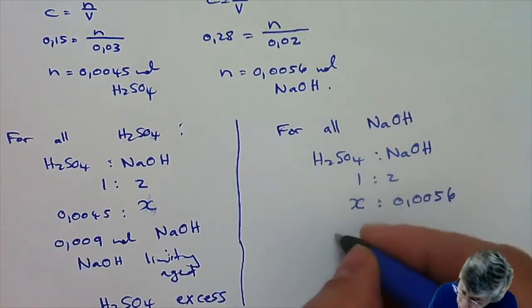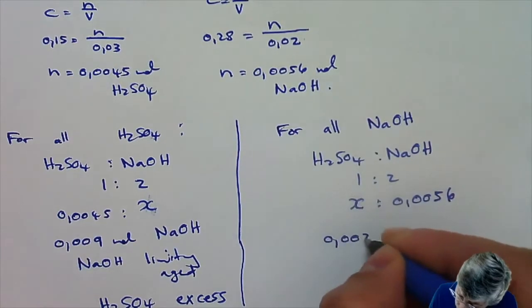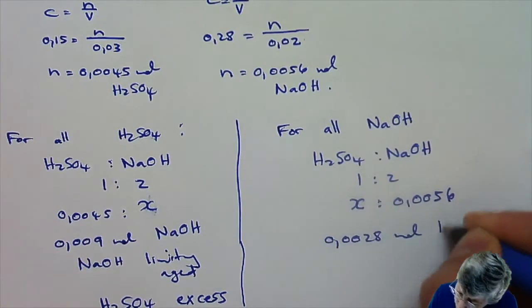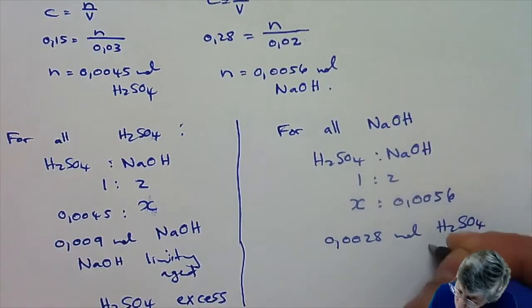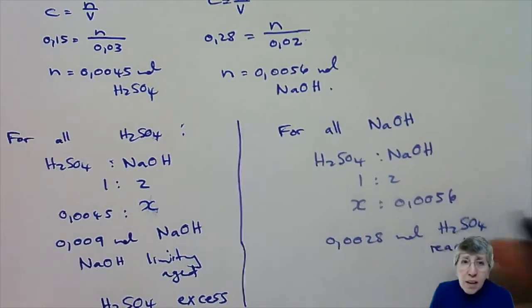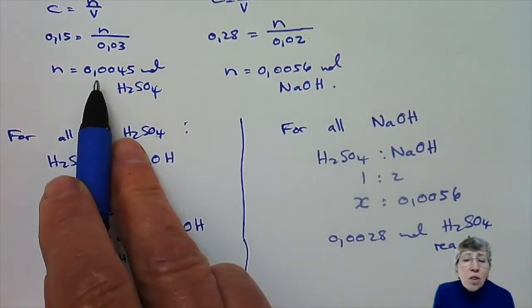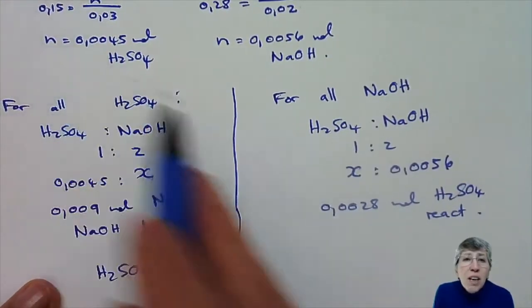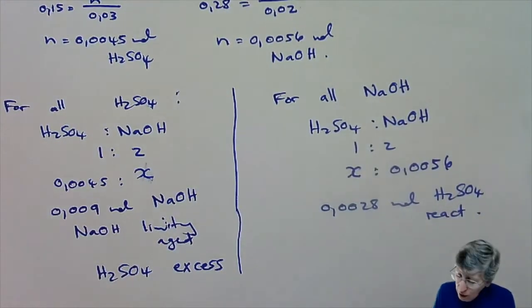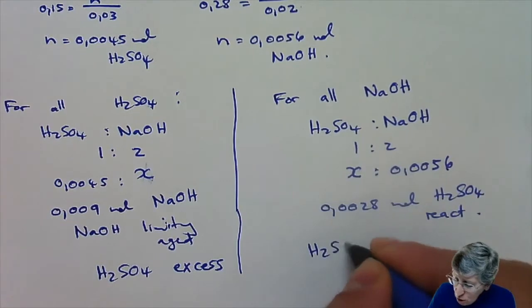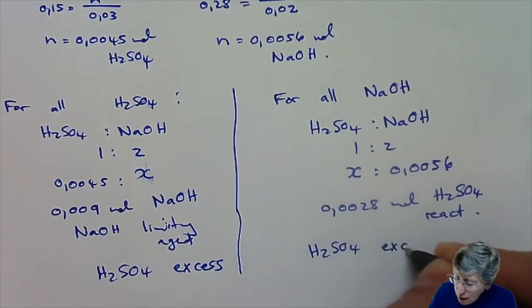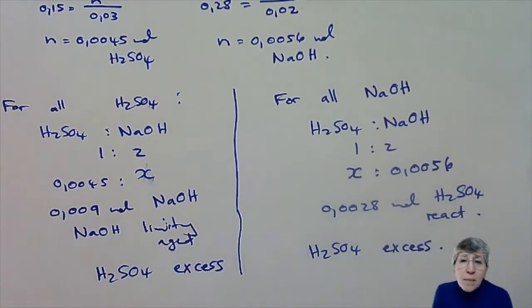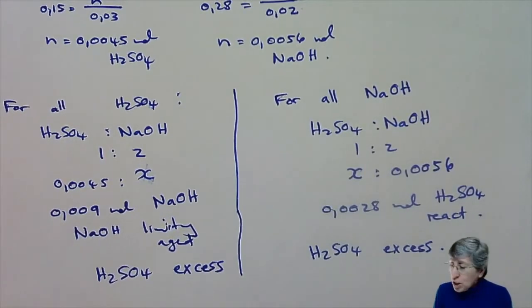So that means only 0,0028 moles of H2SO4 will react. And I've got 0,0045. I've got more than enough, which tells me that the H2SO4 is going to be in excess. Right. And now the question is, how much is there in excess?